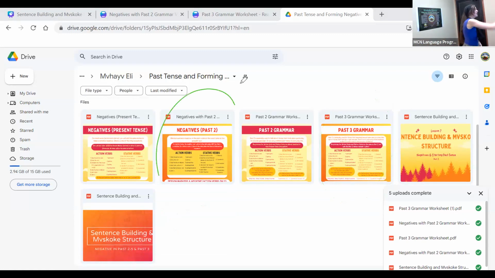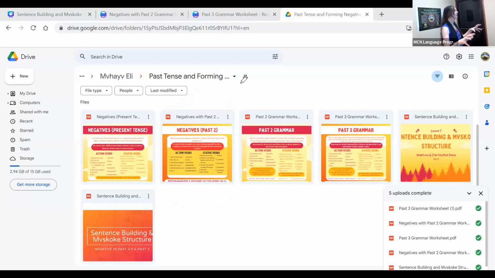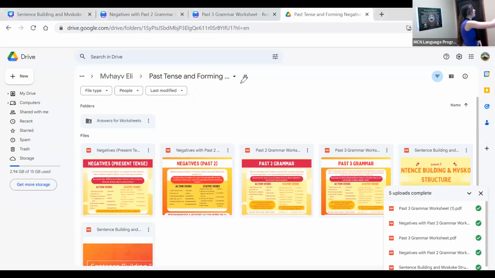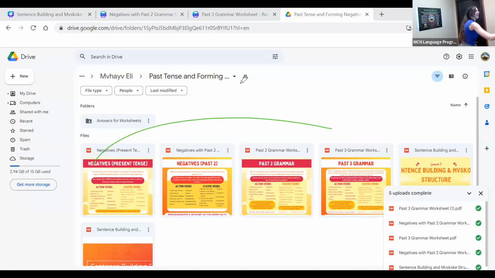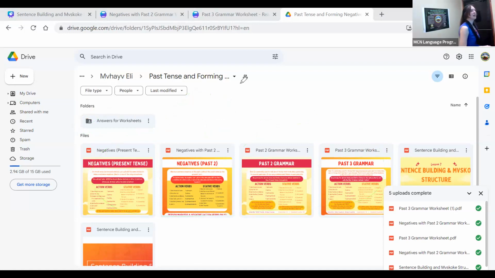And then I have the negatives for past 2, which is how it works for all of past 2 through 5, just using the correct past markers. Those are already in there and ready to go. Up here, we have our answer worksheets, and all of these worksheets have the answer sheets inside the worksheet answer folder. You should be ready to go.